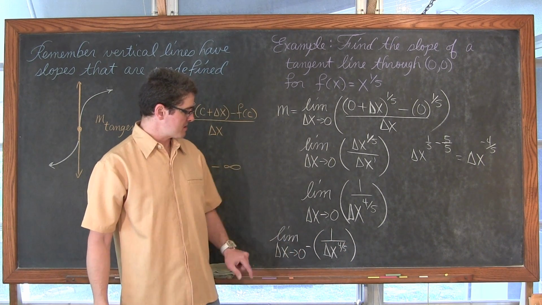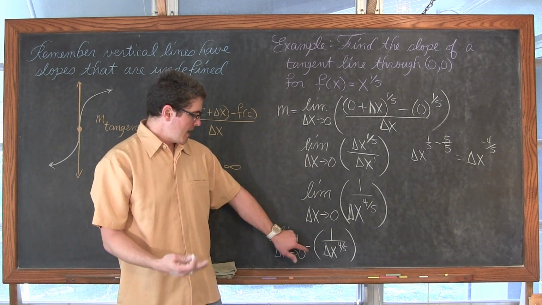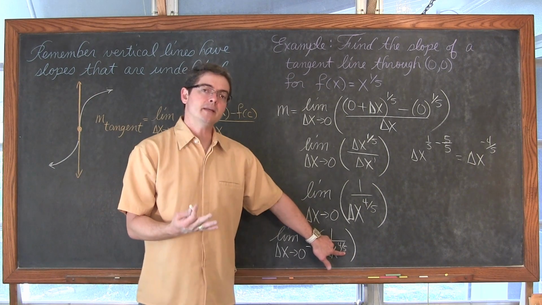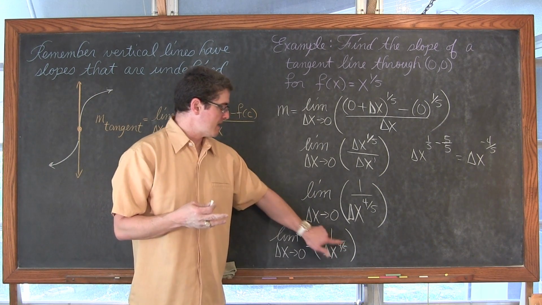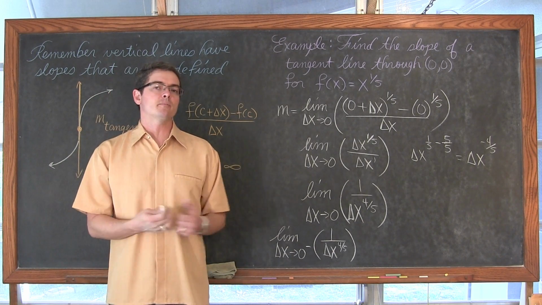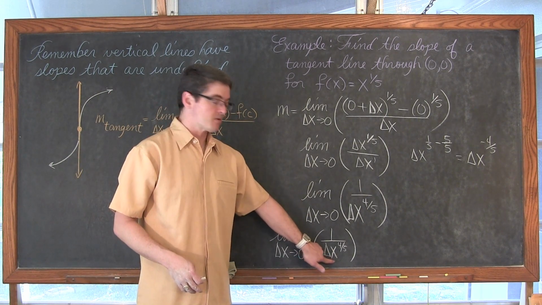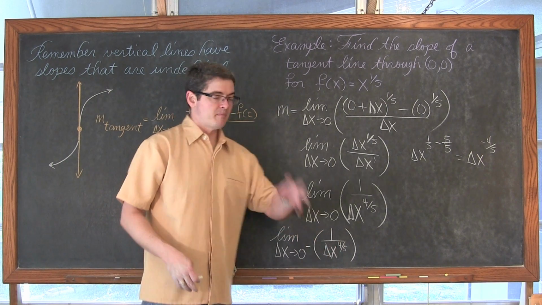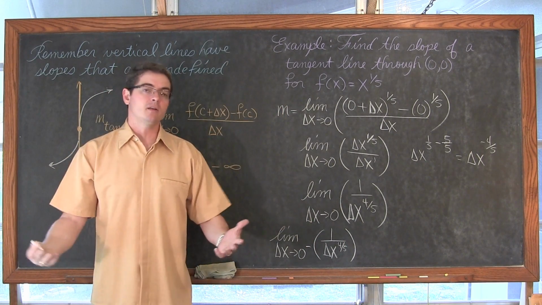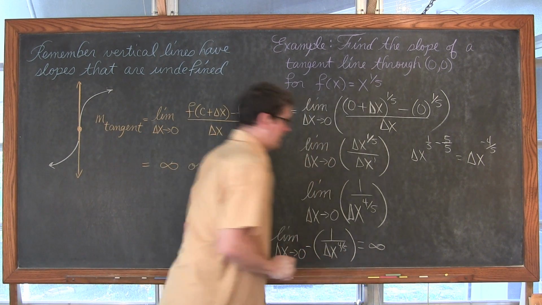If I take a negative number and do an odd root to it, it's still negative. But then I'm raising that negative number to an even power, and a negative number raised to any even power is always positive. As this gets closer and closer to 0, 1 divided by an infinitely small number becomes infinitely large. So this is going to approach positive infinity.